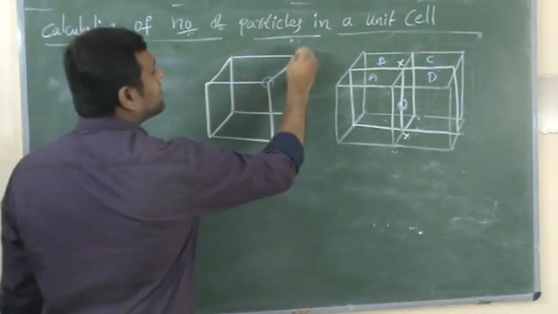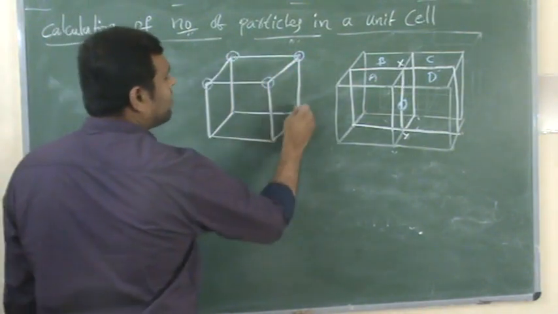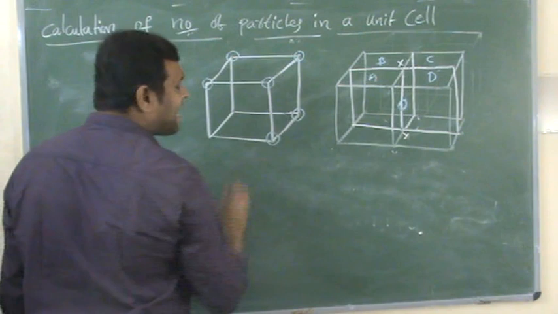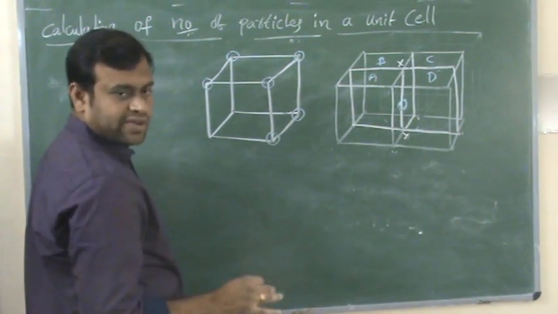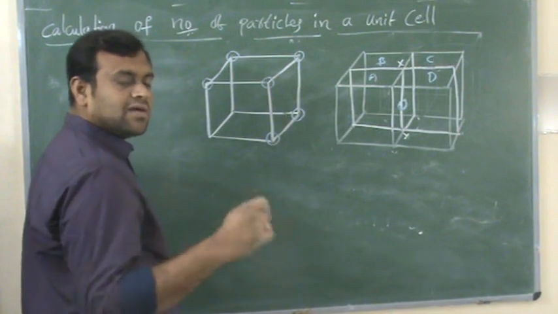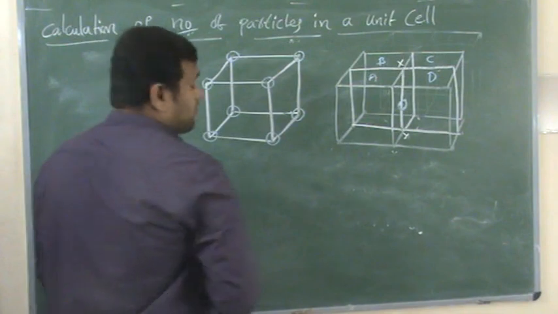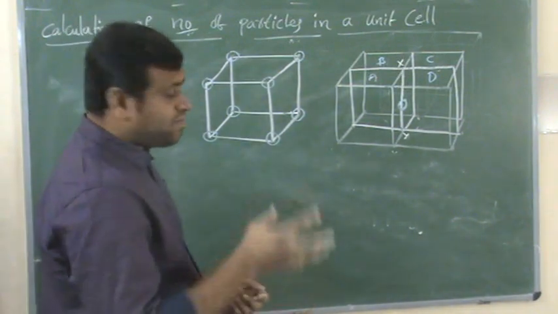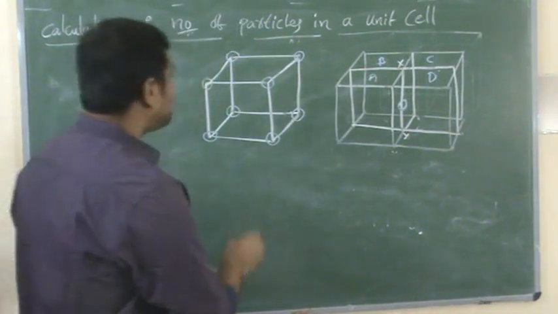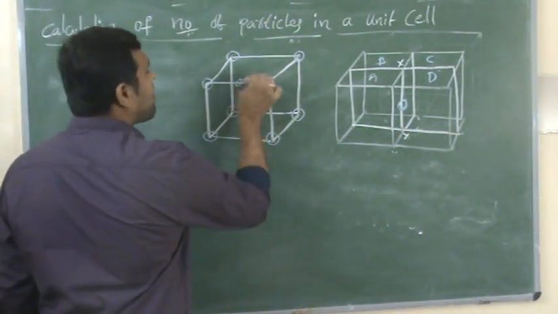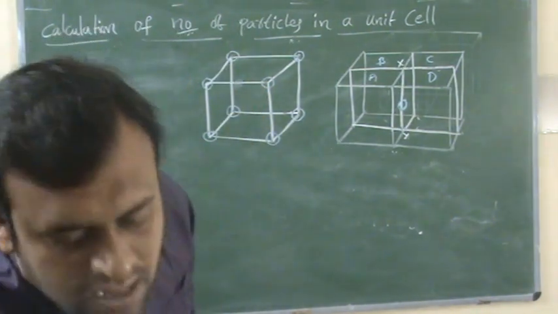So edge-centered unit cell also contains particles at corners. Here you have to remember one thing, for any kind of unit cell, particles at corner is common. Okay, for any type of unit cell, particles at corner is common. Only changes in the particles at face centers, body centers and edge centers. Here, the particles are also present at edge centers.